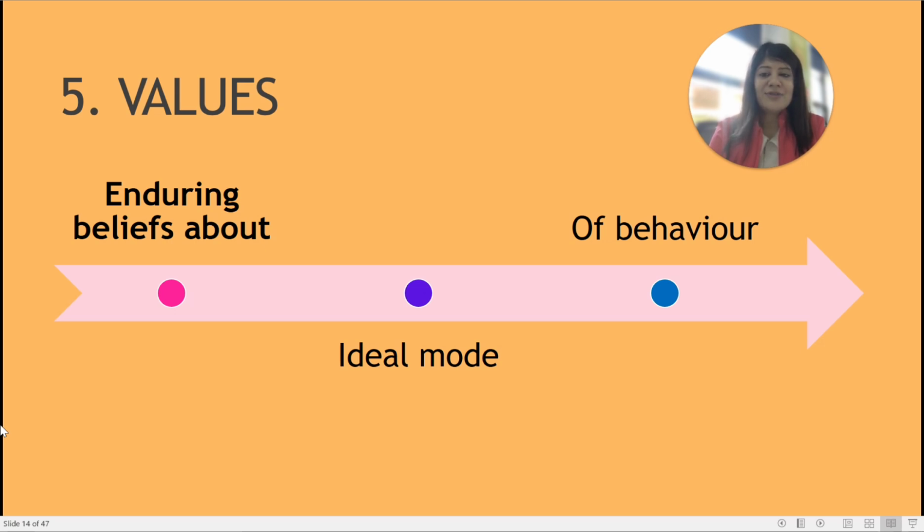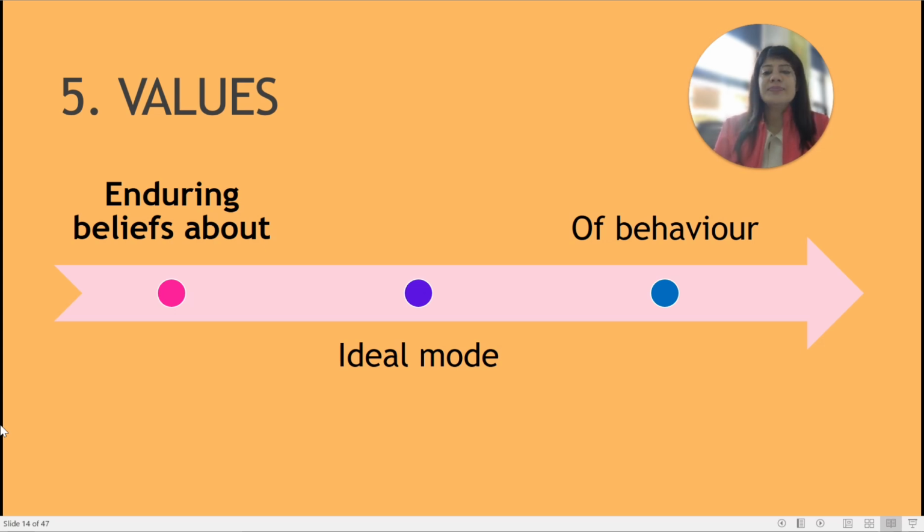Once you're done listing it out, and if you look at it very carefully, you'll realize that values are those enduring beliefs about your ideal mode of behavior. You know how society is always talking to you about the right way to behave, or the right way to be, or the right way to express yourself, or choosing the right time to speak. So some of these ideas include a lot of the right things to do, right?